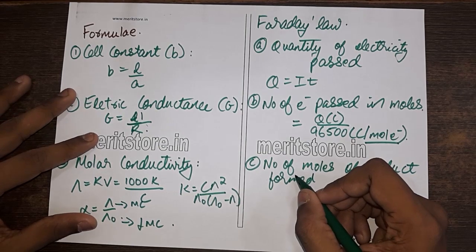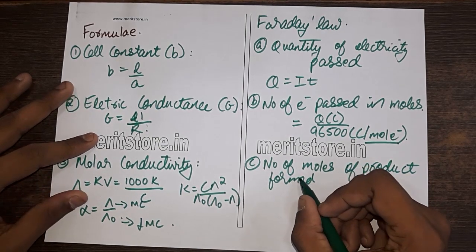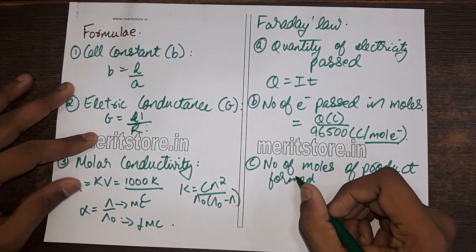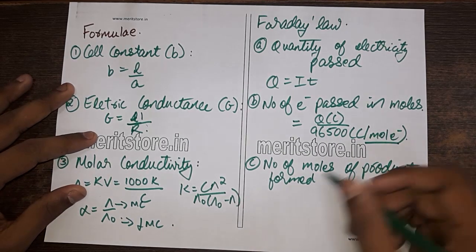Thirdly, the number of moles of product formed. It can be given by the number of moles of electrons passed into the mole ratio.